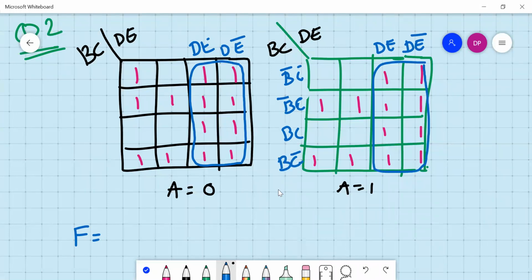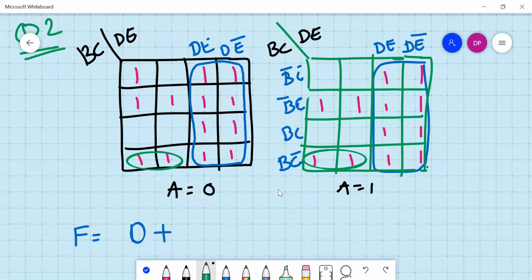So what is common here? Only D, right? Then what set can we make? You can take this together and take this together. What will be the answer? 4 ones taken together.